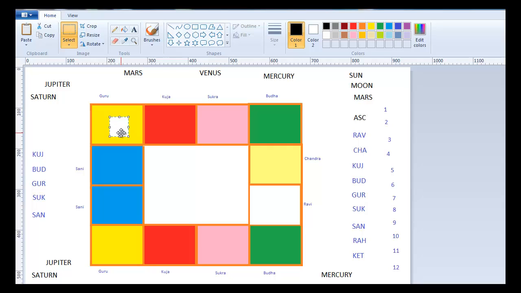The most fundamental knowledge is the knowledge of this chart, because you need to know the signs thoroughly, what each sign denotes, what each sign means, and only then should you go to the planets or the players.